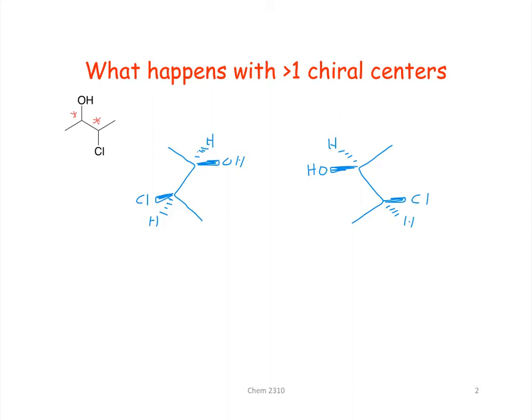Now down on the bottom, I'm going to draw another structure here. I'm going to keep the OH the same, but I'm going to reverse the stereochemistry with chlorine. So I'm just going to put the H here and the chlorine like this.